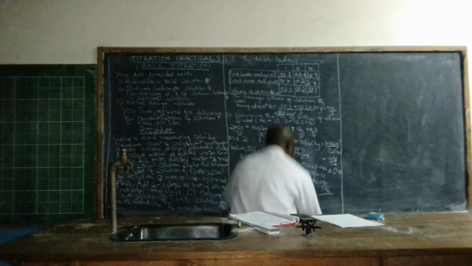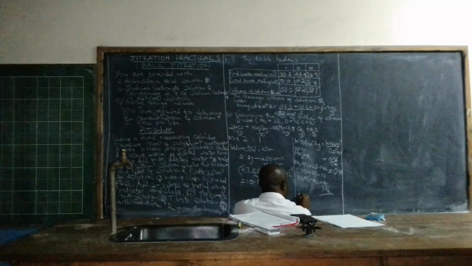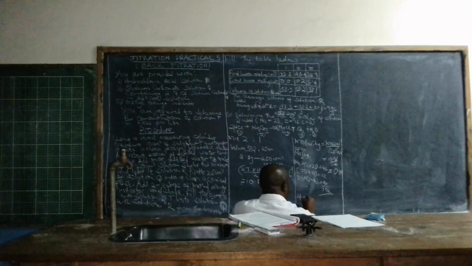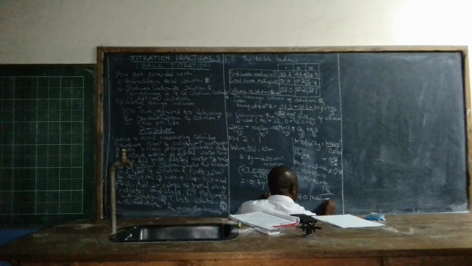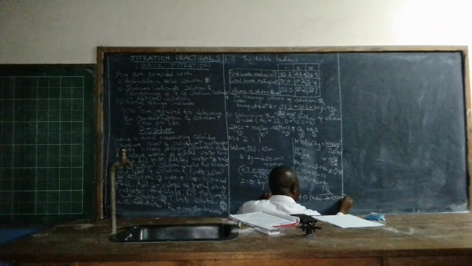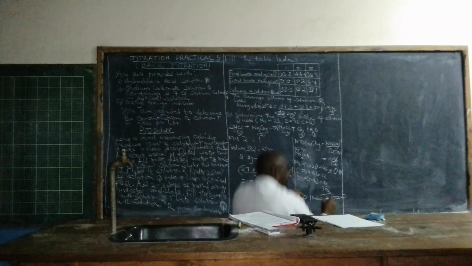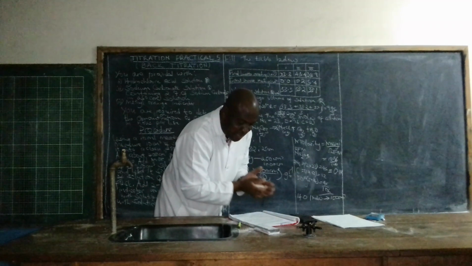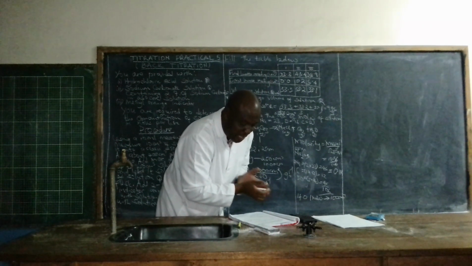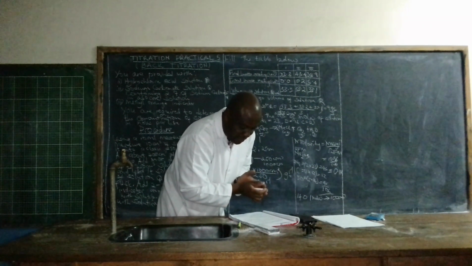Now we equate: if 0.1 moles are in 1,000 cubic centimeters, what about for 25?